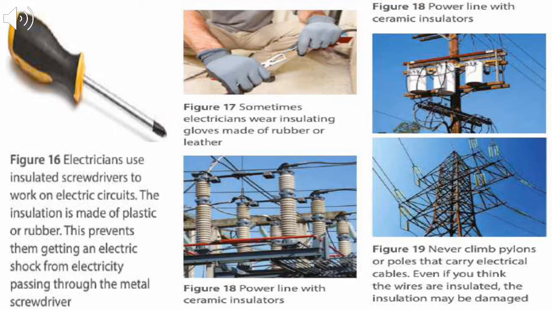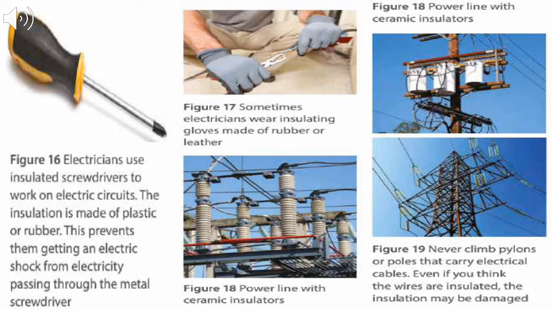If we look at figure 18, these are power lines with ceramic insulators. Figure 18, power lines with, again, ceramic insulators. And then when we look at figure 19, never climb pylons or poles that carry electrical cables.